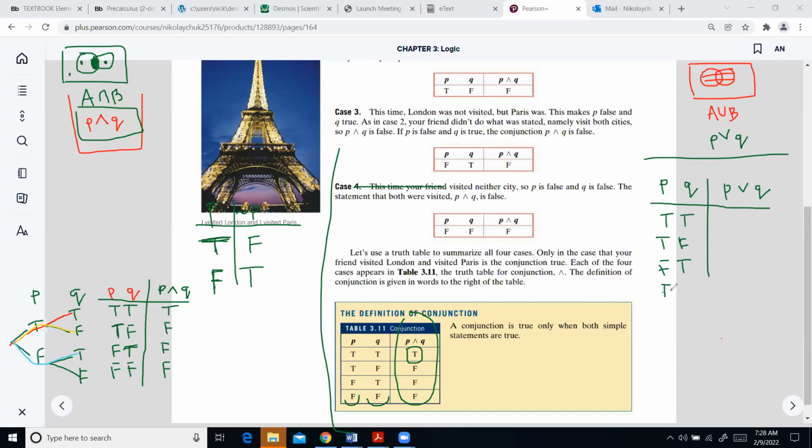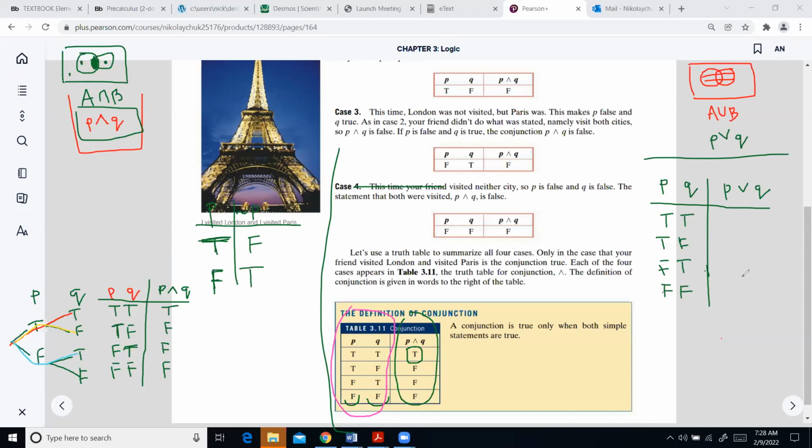Please notice it's the exact same as the previous table, the table of conjunction, because we have this copied exactly the same. And that's always going to be for these little definitions. So now I need to decide where I get those true or false results.